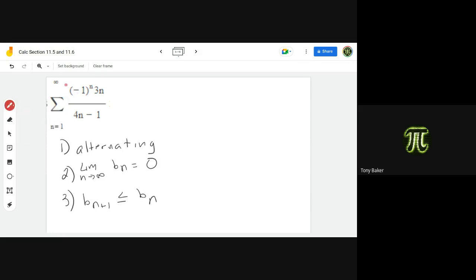This right here, that's the -1 part, right? So it's -1 to the n, which means every even power is going to be positive, every odd power is going to be negative. Therefore, every other power is going to alternate. So yes, it alternates.